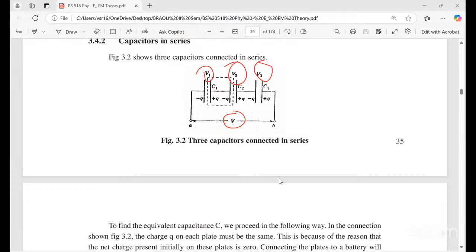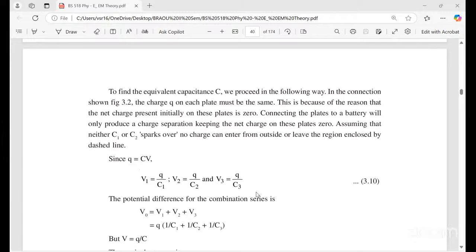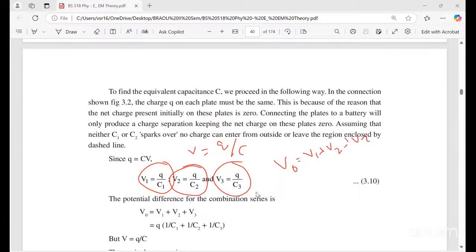For this case, the three capacitors connected in series, C equals Q by V or Q equals CV. So V1 equals Q by C1, V2 equals Q by C2, V3 equals Q by C3. The total potential difference for the series combination is V equals V1 plus V2 plus V3.